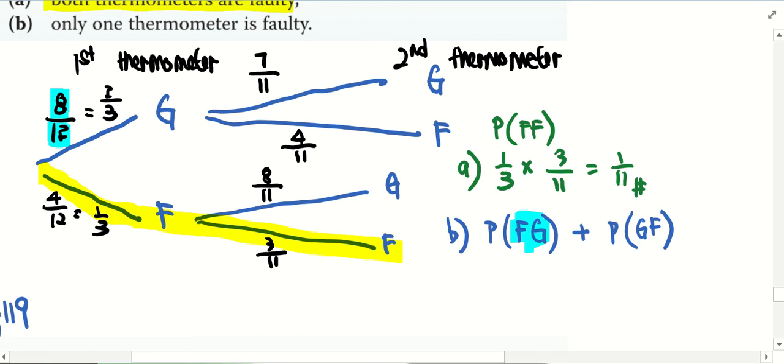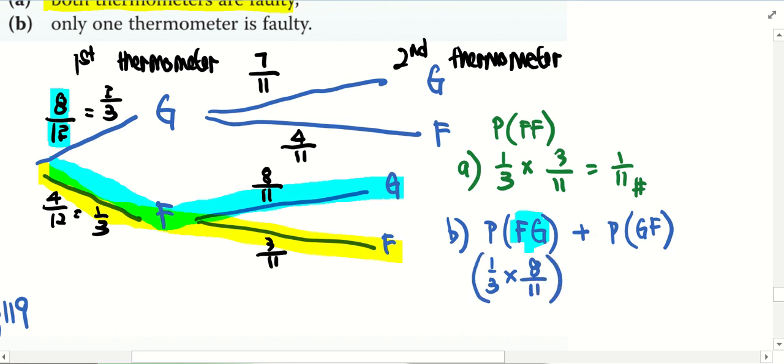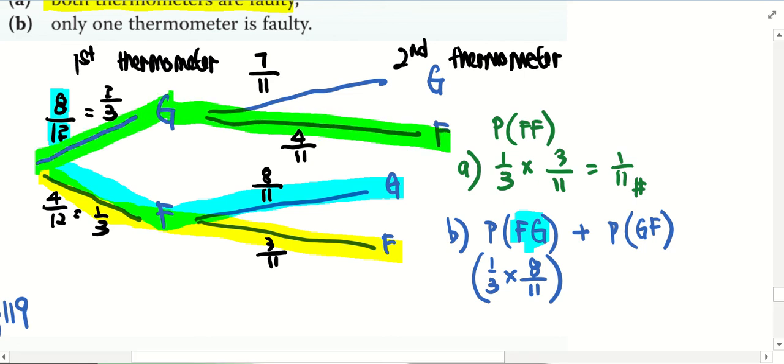Faulty followed by good. What is this path? 1/3 times 8 over 11. So I write down 1/3 times 8 over 11. I have a second path. Good followed by faulty. Good is 2/3, so I write down 2/3, multiplied by faulty, which is 4 over 11.